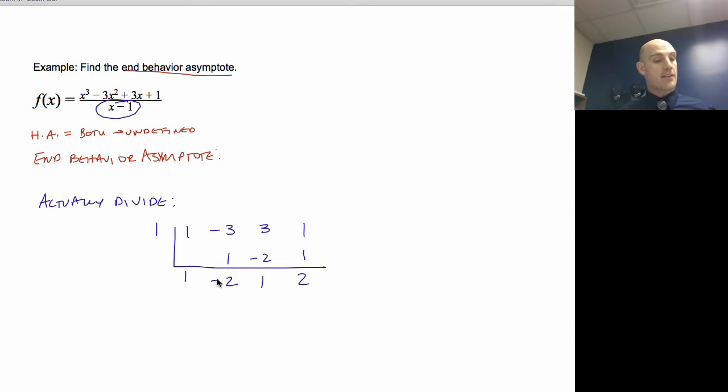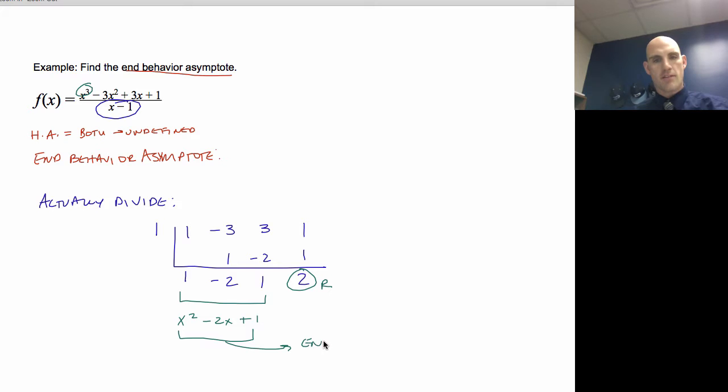Right now I have a function, and I have a remainder. This is my remainder. I'm not concerned about my remainder. I'm concerned about this. This part is, so I started out with an x cubed, this is x squared minus 2x plus 1. This right here is my end behavior asymptote. Okay, that's my end behavior asymptote.